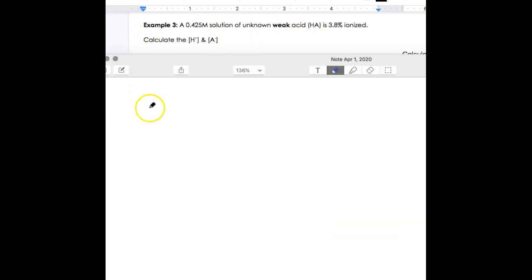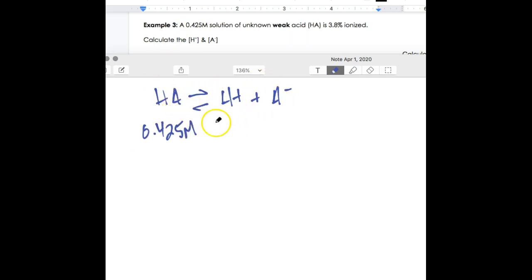Alright, example 3 says we have a weak acid, so that's HA. HA is going to dissolve. We have 0.425 molar concentration of acid at the beginning. Some of it is going to dissolve to form ions.